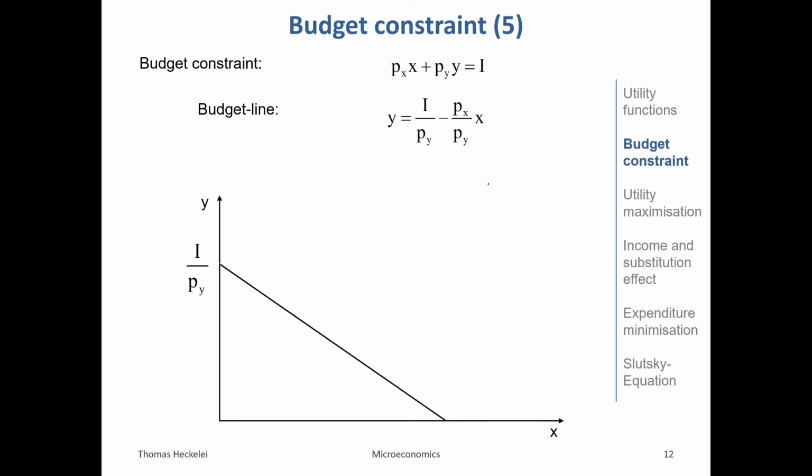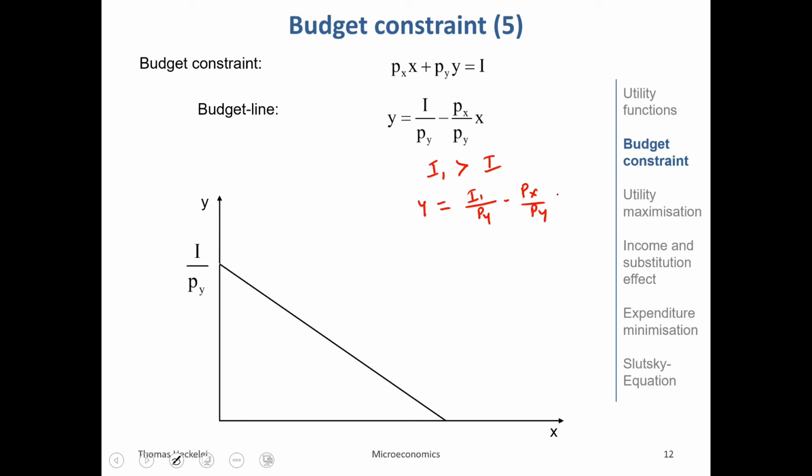Now, what if income changes? Either we have an increase or decrease in income. What would happen? Let's say income increases, which is I1 larger than I. So now the budget line will become y equals I1 over py minus px over py times x.